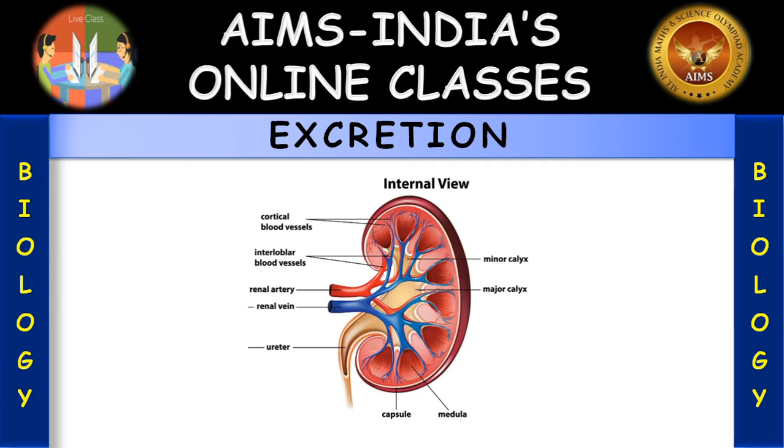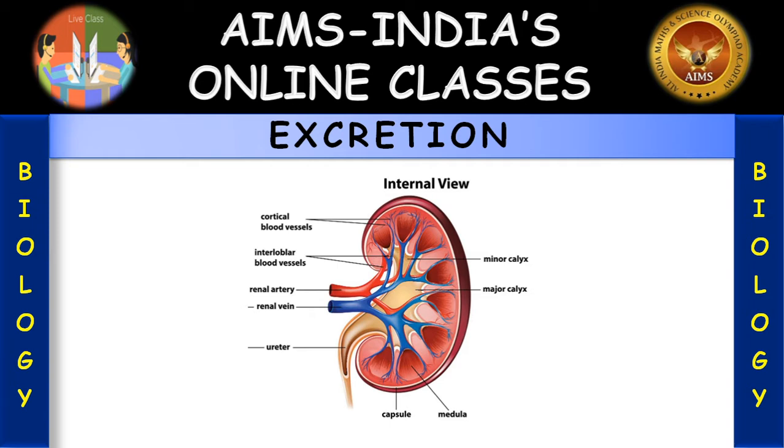Okay children, next we have learnt the kidneys remove nitrogenous waste from the body and maintain water balance. Water balance means osmoregulation, salt content, pH, and blood pressure in the human body. A dialysis machine is an artificial kidney which filters the blood to remove the metabolic waste outside the body.